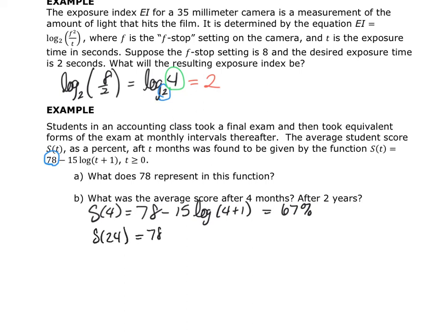So this is 78 minus 15 times the log of 24 plus 1, which is equal to, I'm going to get my calculator out, 78 minus 15 times the log of 25. So after 2 years, they're going to score 57%.